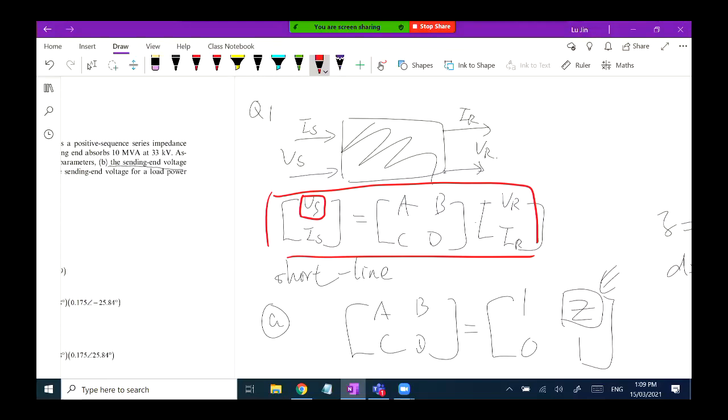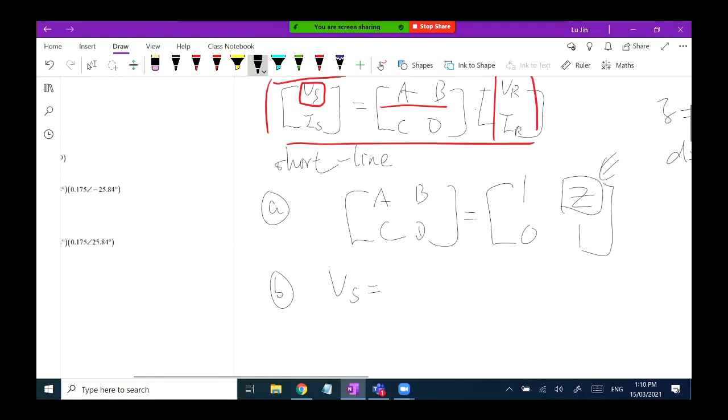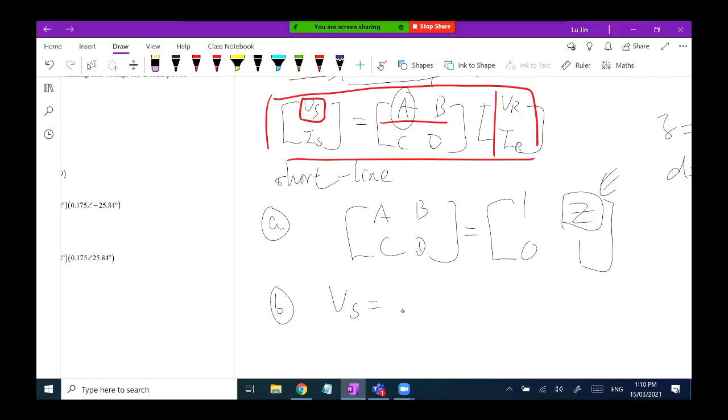Vs should be equal to the first row of the ABCD matrix, the A and B items, multiplied by the VR, IR column, adding up the products of the two. In other words, for part B, our idea is to solve Vs as A times VR plus B times IR.